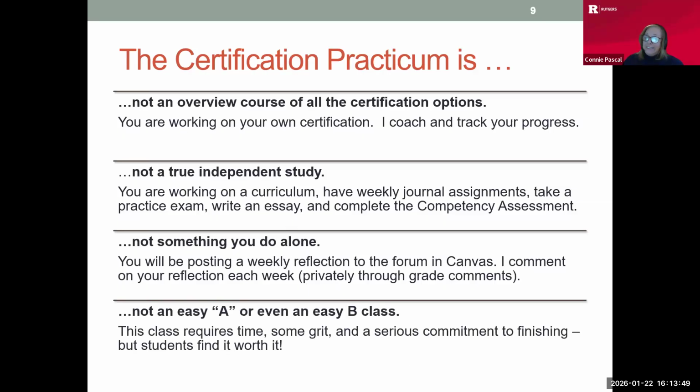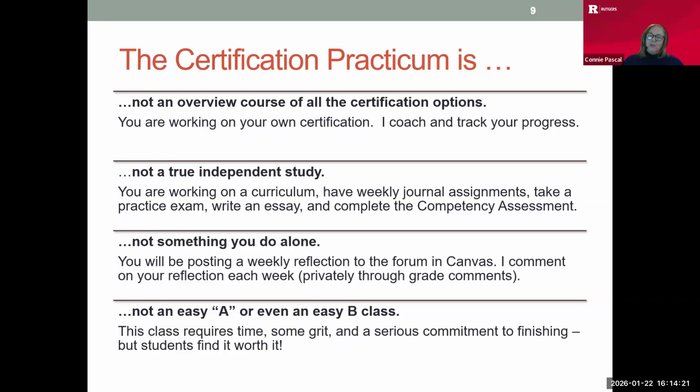It's also not an easy A, and I don't mean to scare you, and it's not necessarily even an easy B class. It really depends on how much time and sometimes how much grit you have, because we are using certification in a way that it's not necessarily intended. By that I mean when you become certified in technology, that means that you have proven that you can do whatever it is that you're being certified in.